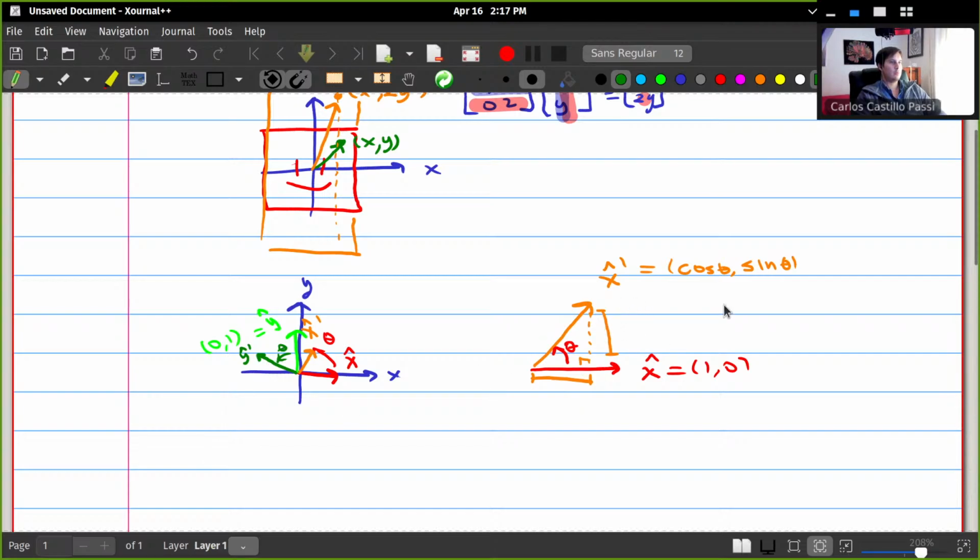If we do the same, we have y hat, we have y hat prime with this angle. So let's do the same, but for the x component of this y hat prime.